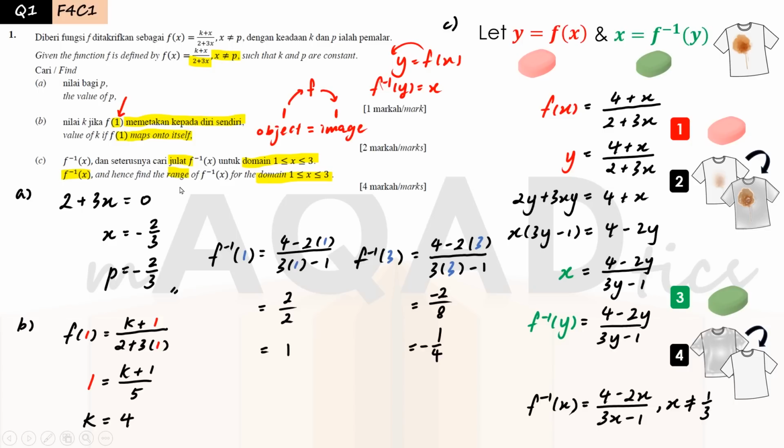Now we need to find the range of f inverse of x, so we are going to use back this form. Instead of x in the middle, we are going to put f inverse of x in the middle. Sorry, this one should be f inverse of x, not f(x). The lower value between these two numbers I'm going to put on the left side, and the larger value on the right side. And this would be our answer.